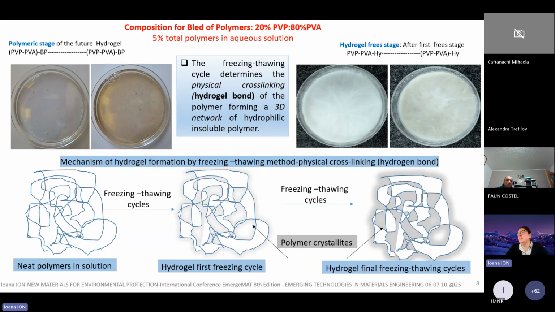The mechanism of hydrogel formation by freezing thawing method. This means a physical cross-linking using hydrogen bond is presented in the scheme, and on the left and the right are the Petri dishes with the polymer in the polymeric solution, and on the right are in the freezing stage.